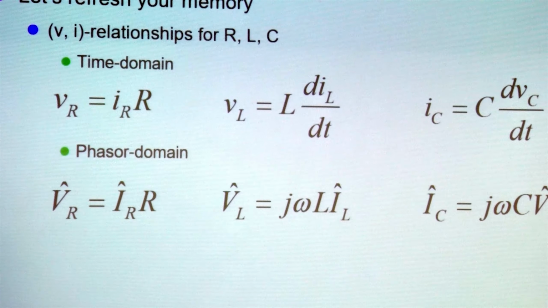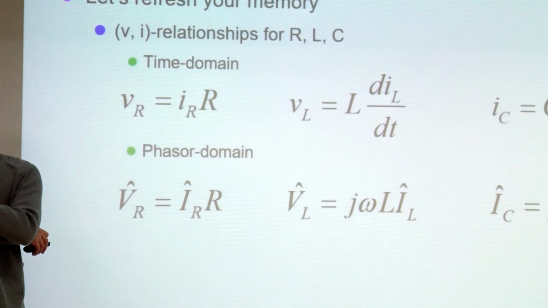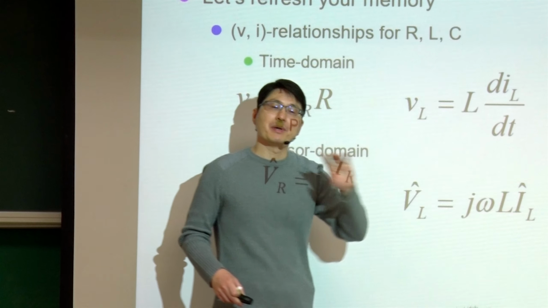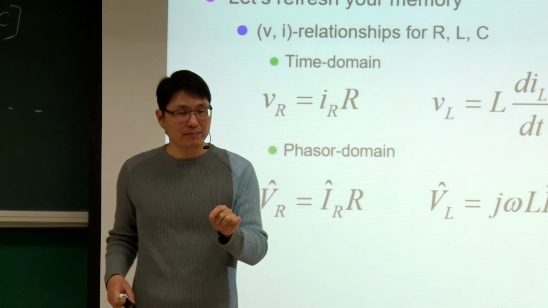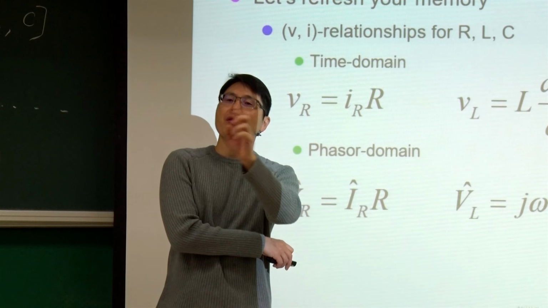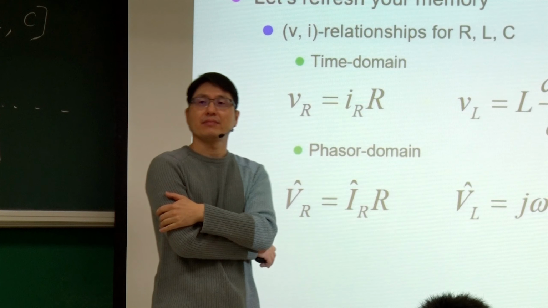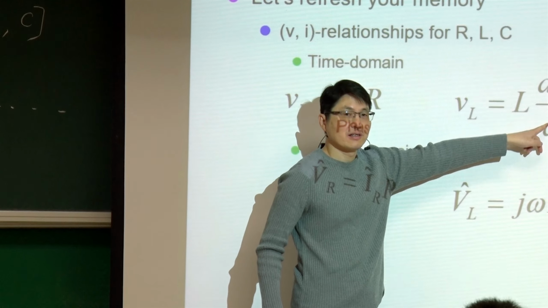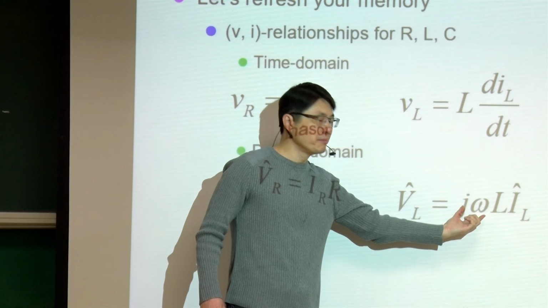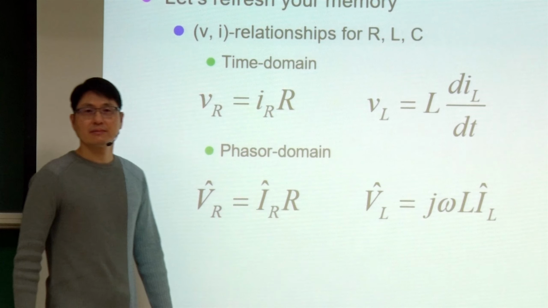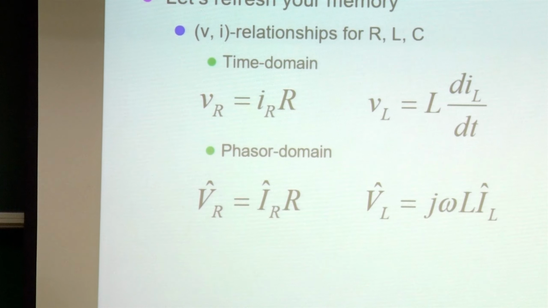But personally, I don't like to solve things in the time domain, because now you have differential equations. But as we talked about on Monday, if we use the phasor representation, we convert everything into the frequency domain. Derivatives become directly multiplication by j omega, right? Then you don't have differential equations anymore.